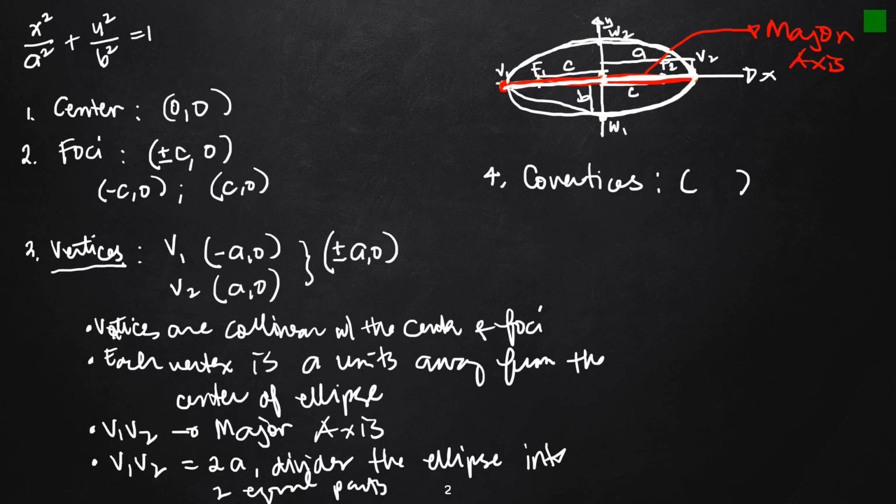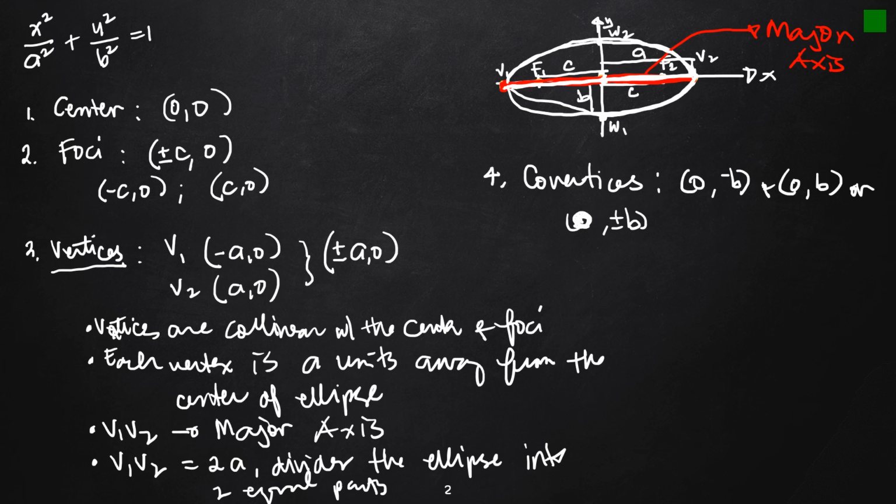If the center up to W sub 1 is b, and so is from the center to W sub 2, therefore the co-vertices are located at, the x here is already 0, at (0, negative b) and (0, positive b), or we can just write that as (0, plus minus b).